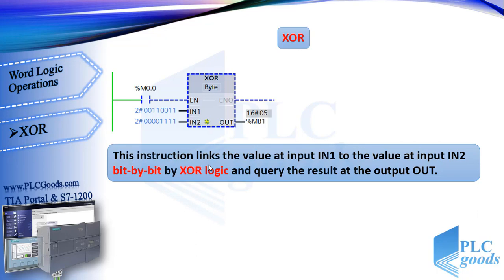This instruction links the value at input in 1 to the value at input in 2 bit by bit, by XOR logic. For this logic, the output will be true if only one of two inputs is true.